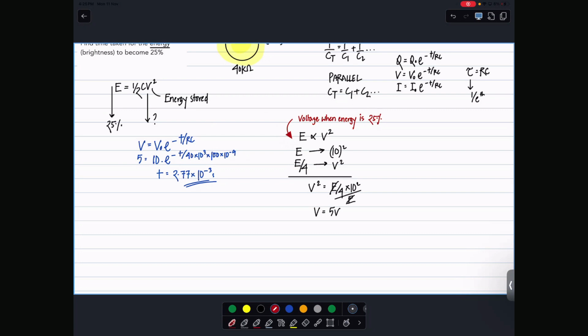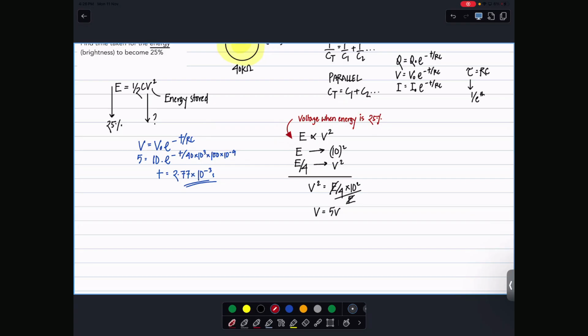Okay, our Q is the original charge, and you find the energy. You take 25% of the energy, and then what do you do? Oh, then it'll work. I think you should get the same voltage. Yeah, because QV doesn't work.